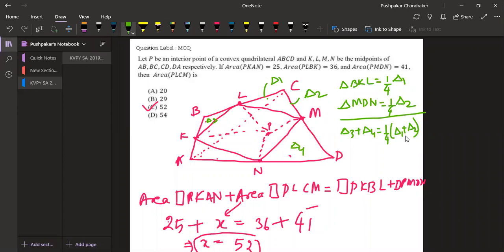What is that? That is nothing but the total area of the quadrilateral. So 1/4 of that we are getting. Same trick we can apply for these two also.